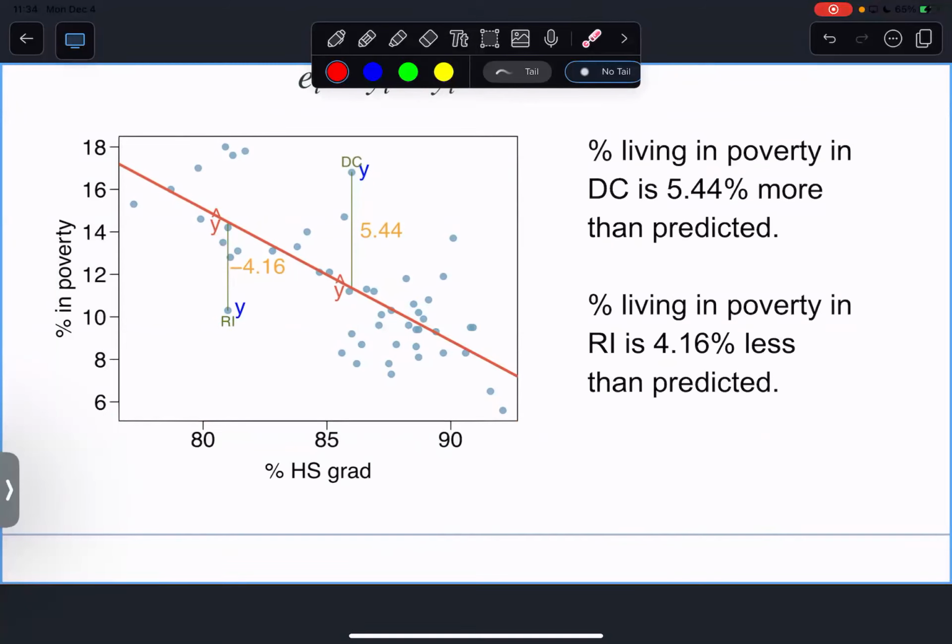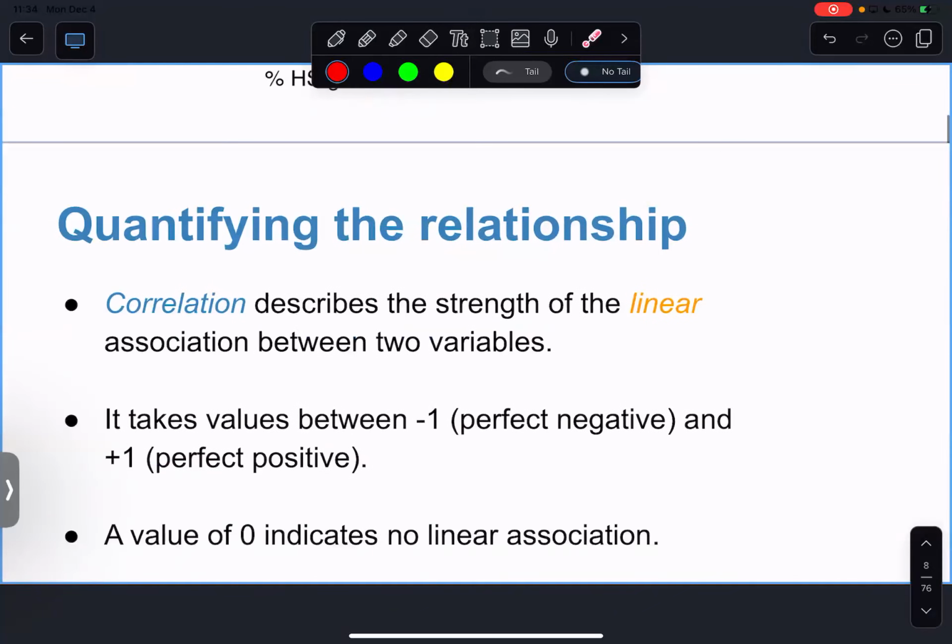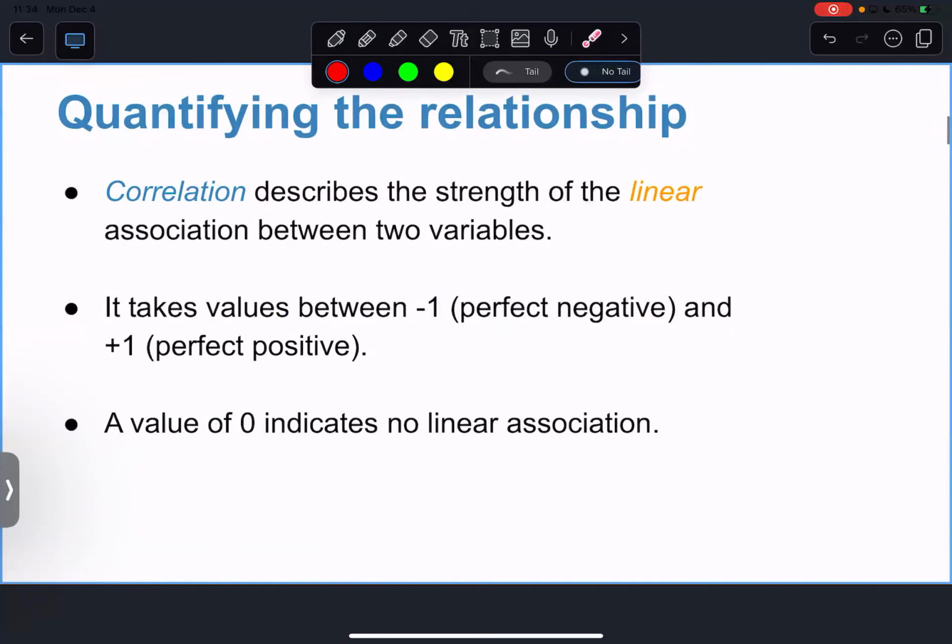Now, in a kind of roundabout way, the residuals determine what the line is. That's how we find this line, the least squares regression line. It's the line that finds the smallest sum of squares. So it fits a line, calculates the residuals, fits the line again, adjusts, and it's kind of mind-boggling if you think about it too much. So we will not.